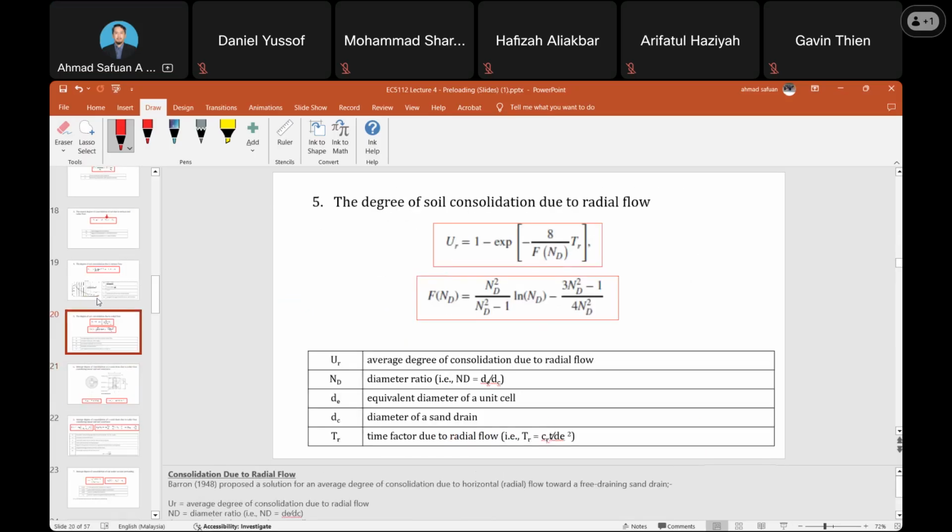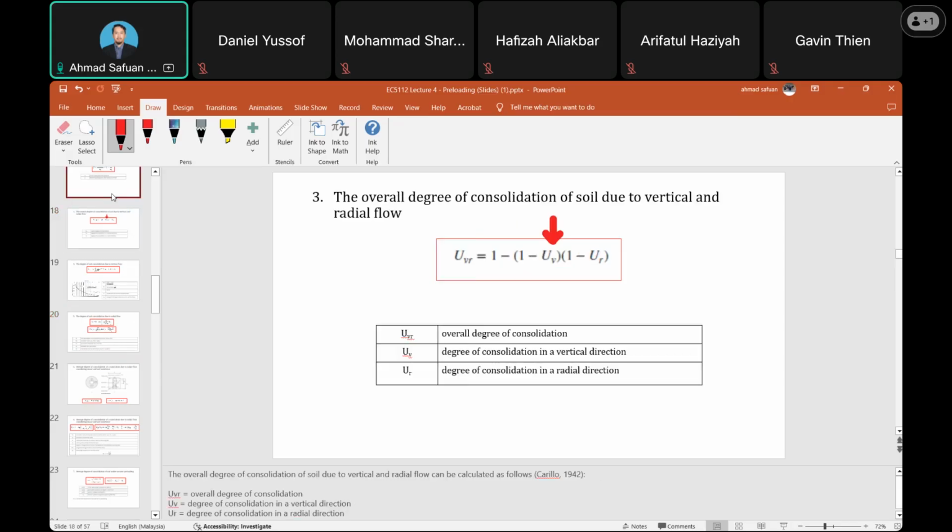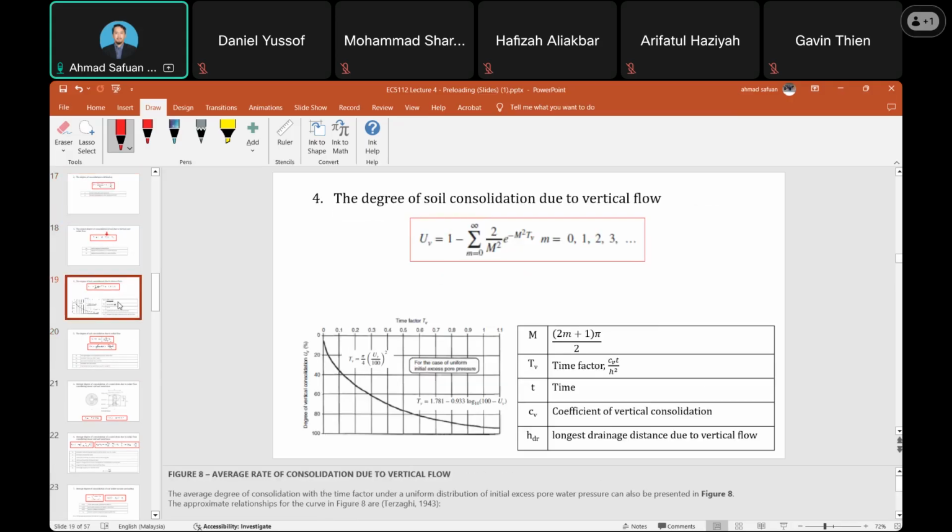DC is the diameter of the sand drain. TR is the time factor due to the radial flow. Before this, the time factor for the vertical flow, TV, is CV times T over H squared.